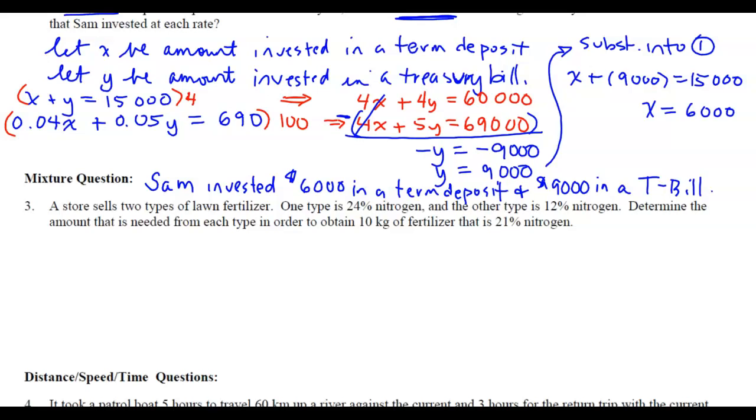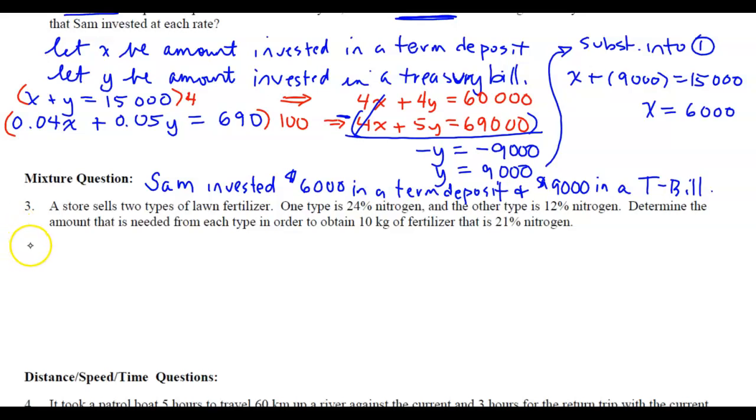Okay, so it says determine the amount that is needed from each type. That tells you what your let statements have to be. In this case, this is a mass, so instead of just saying amount, I might say the mass of each.